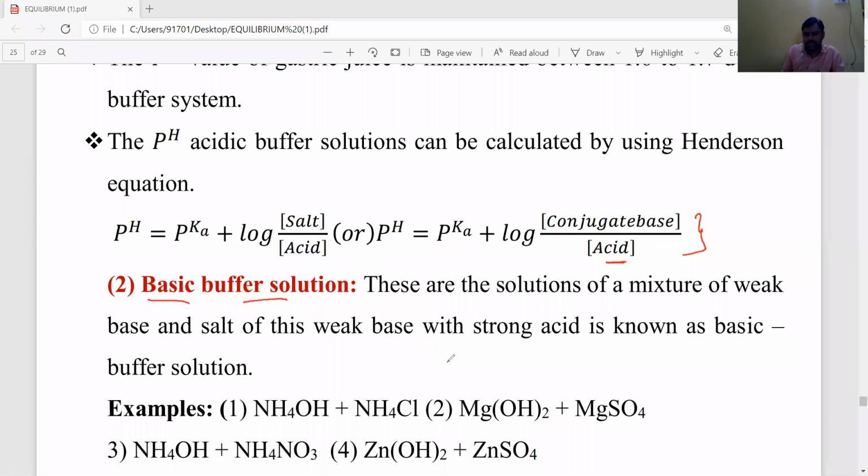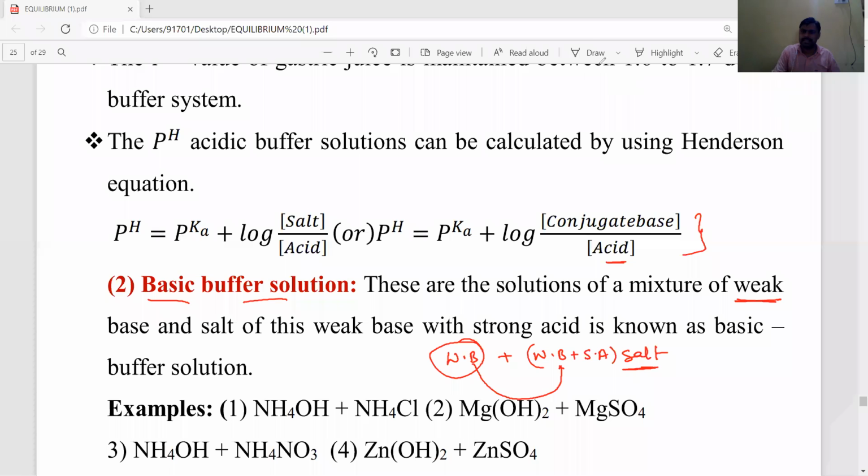The second one is basic buffer solutions. A basic buffer solution means a weak base plus a strong acid salt. Whatever weak base we take, it is combined with its corresponding salt of a strong acid. That mixture in aqueous solution acts as a basic buffer solution.